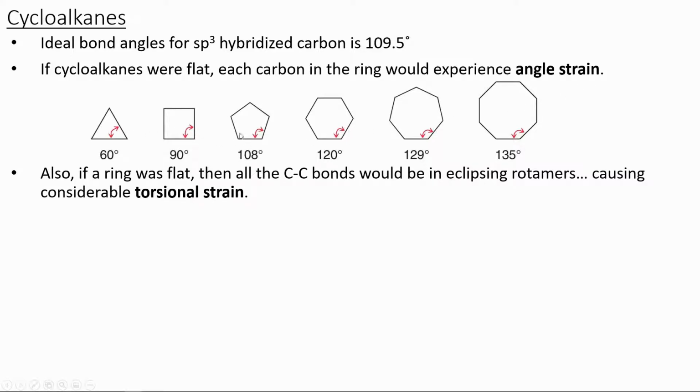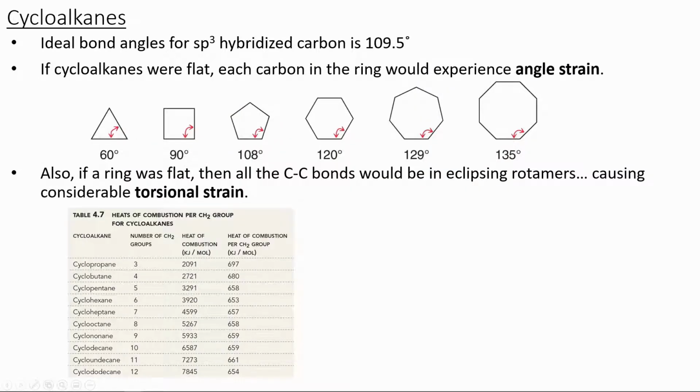Only a 5-membered ring is close to this 109.5 degree ideal bond angle, but rings that are smaller or larger are going to have different bond angles and some strain involved with that angle. They're going to do anything they can to get closer to 109.5. Also, if we had a flat ring, then all the carbon-carbon bonds would be eclipsed, and that would cause torsional strain, which we just looked at in the Newman projections.